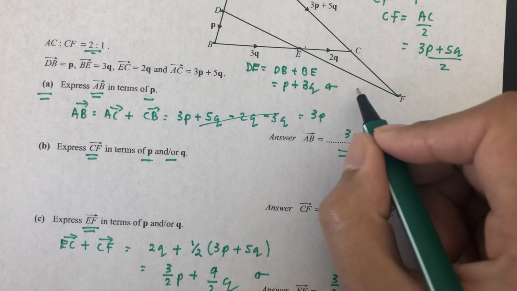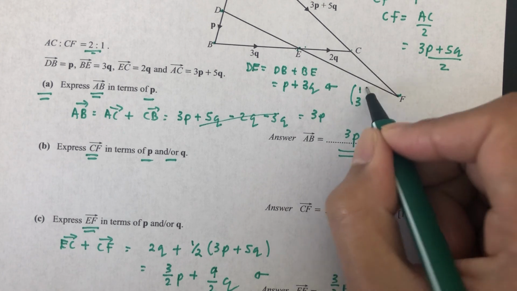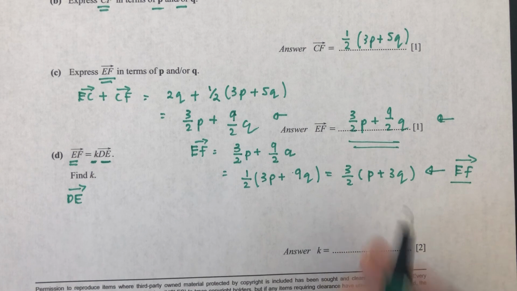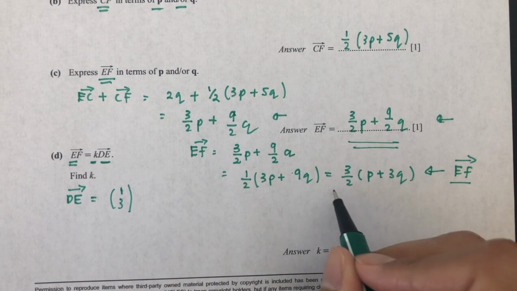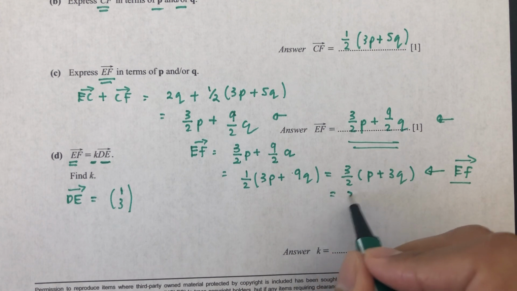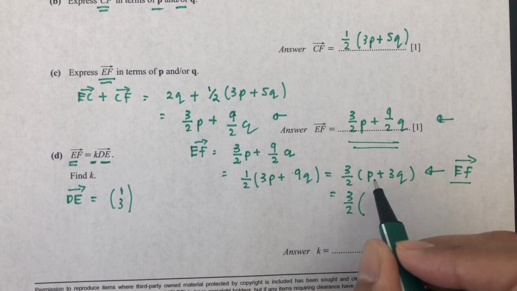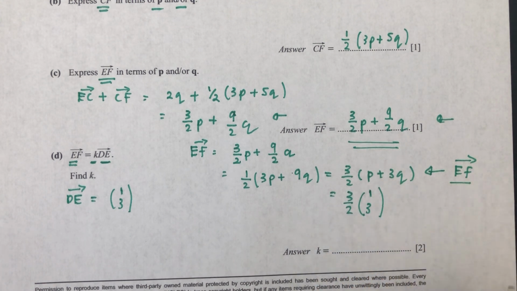In terms of a vector, it will be (1, 3) for DE. Coming back to here, DE will be (1, 3), and EF will be 3 over 2 times (1, 3) as well.